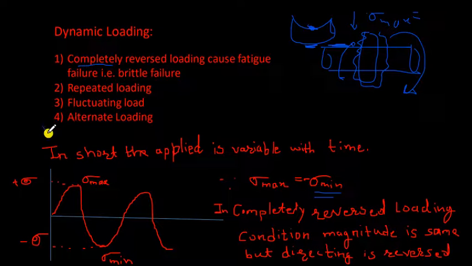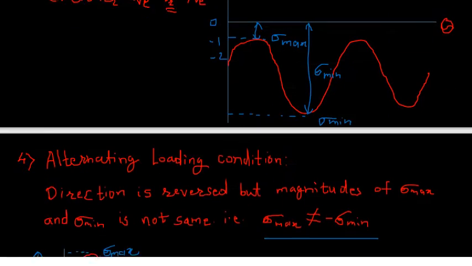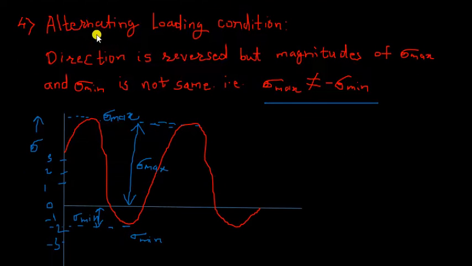The fourth case is similar, but in that case there will not be a similar magnitude of stresses. For your convenience, I will discuss it immediately after this first case. Here you can see the alternating loading condition. Here the maximum stress is not equal to the minimum stress.